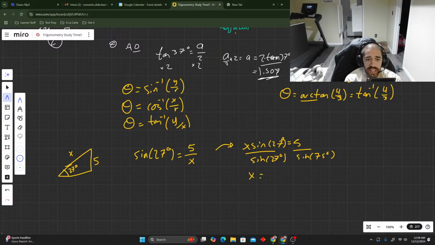So that's going to give us x is equal to 5 divided by sine 75 degrees. Oops, 27. I am a little out of it. Good thing I caught it. 5 over sine 27 degrees. So let's plug that into our calculator and see what we get.